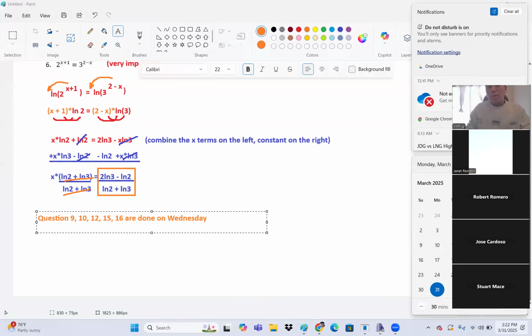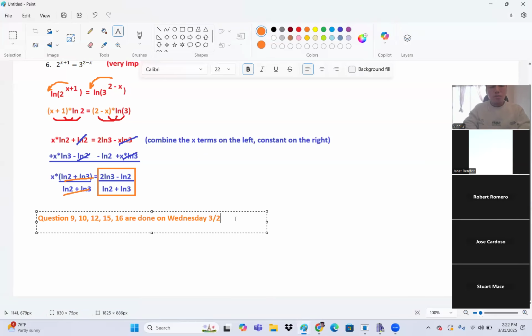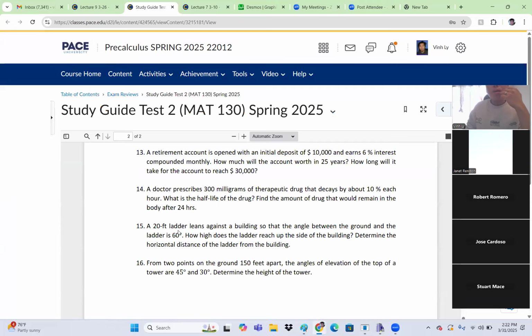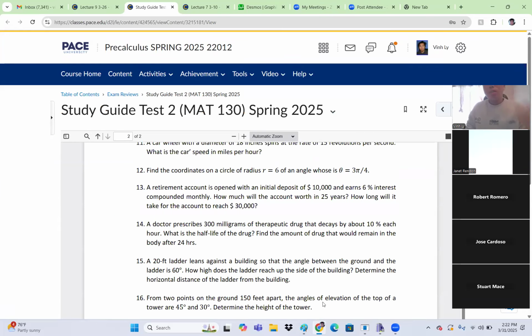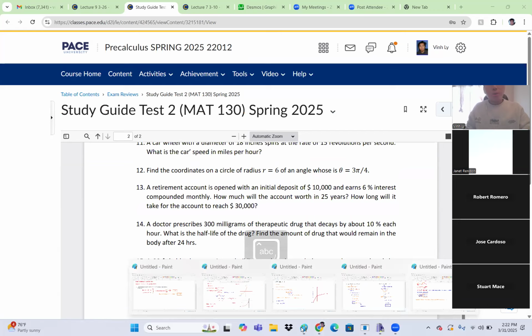Which is on the 26th. Please review the notes. Are we good? The only question that we haven't done was question number 14. So let's do it.